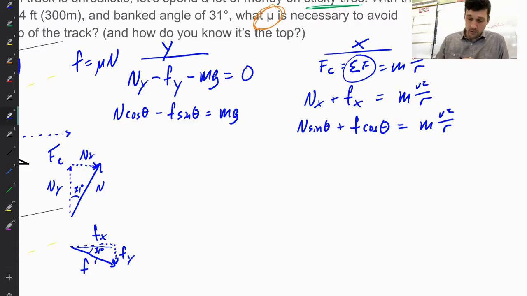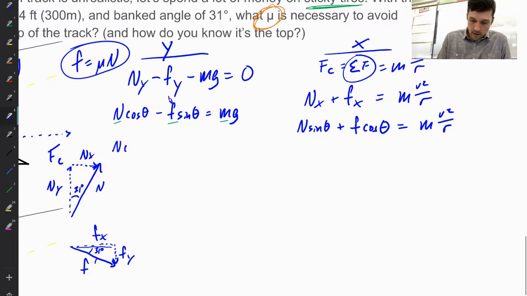Now we're going to make a substitution. We've got so many variables. We've got the normal force, we've got friction, we've got m. We don't know m. We do know the angle, we do know gravity, we know velocity, and we know the radius. So right from the get-go, we have at least three unknowns. Well, we're going to get rid of one of those by making a substitution, because we actually know that friction equals mu times N. So I'm going to sub that in for friction.